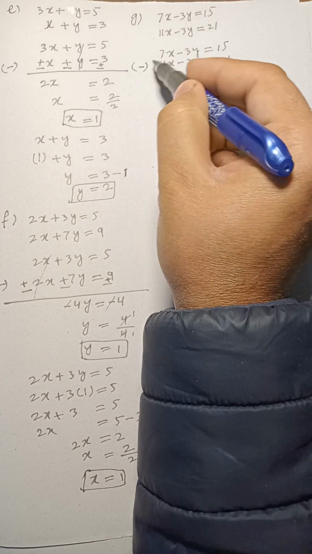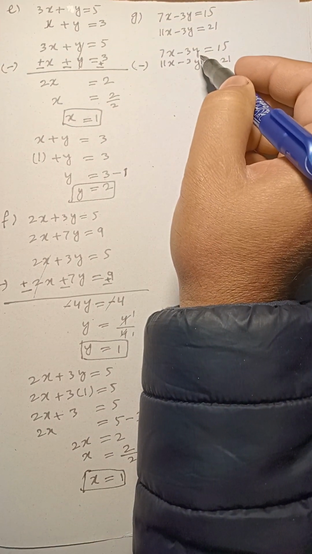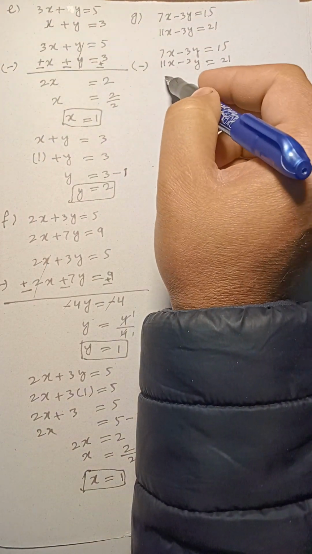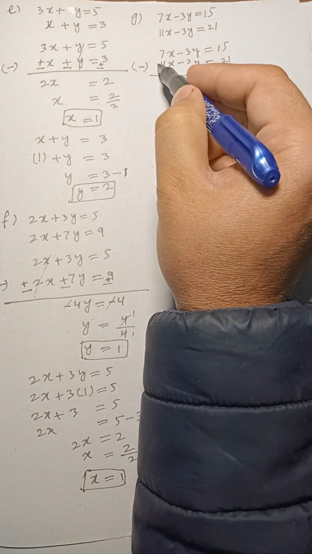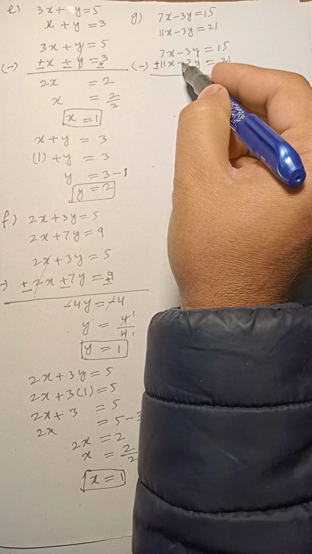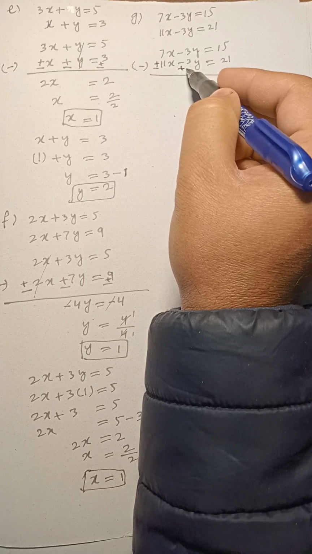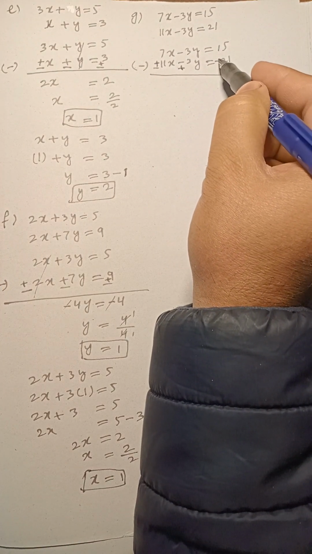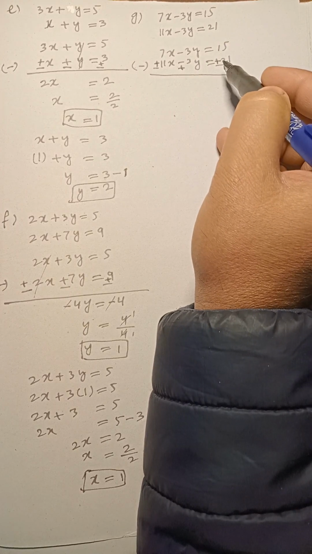We need to subtract so that we can remove y from here. So after subtraction, you know that we have to change the sign. This is our plus sign, we will write minus sign. This is minus already, and we will write plus, and this is plus, and we will write minus.